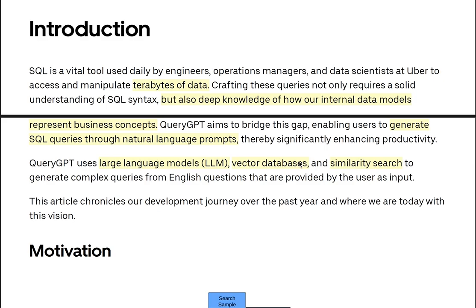So having thousands of data sets, that's also a crucial thing to know. Given that, a tool like QueryGPT which can do everything automatically is a great boost to productivity, obviously. QueryGPT mainly uses three things, which is LLM, vector databases, and a similarity search algorithm.